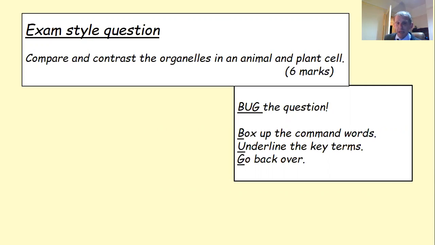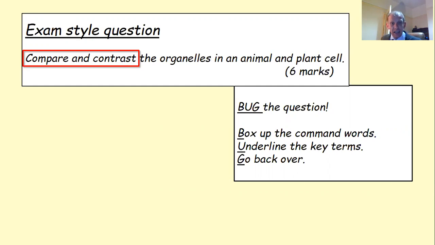Now, what that basically means is you box the command words, you underline the key terms, and you constantly go back over the question, making sure that what you're writing is an answer to that question. So an example of that would be, in this instance, we would box the words compare and contrast, because they're the command words of this question. They're telling us what we have to do in the question.